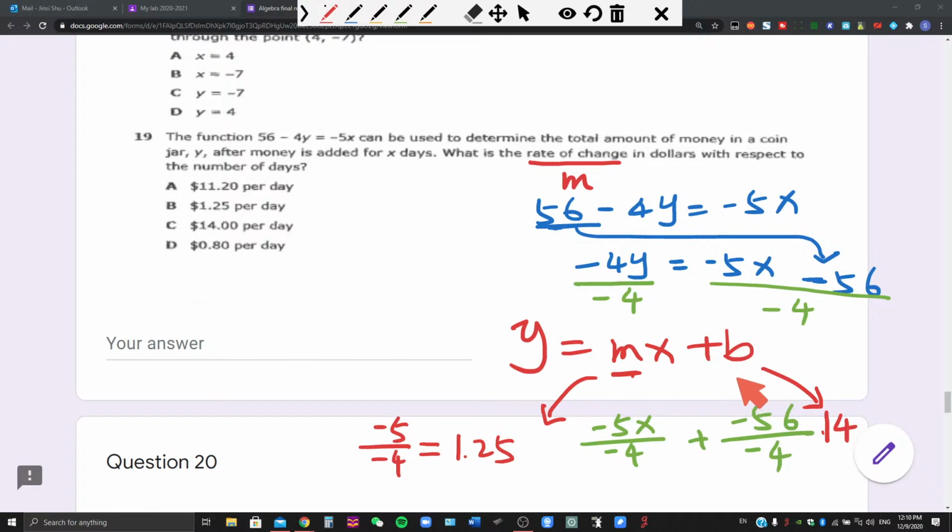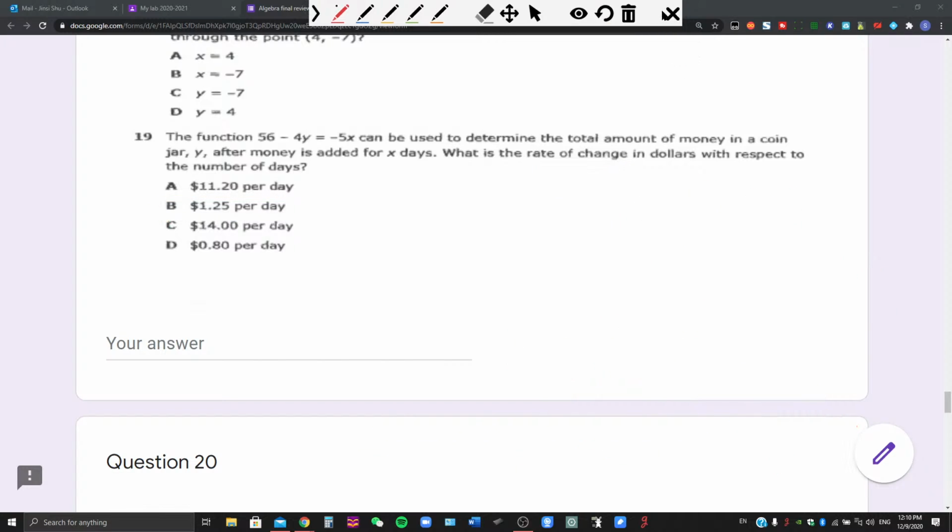Or we can say the initial money in the jar is $14, and the person saves $1.25 per day, and so the rate of change is 1.25 per day. That's B. Okay, rewrite into the y equals mx plus b form.